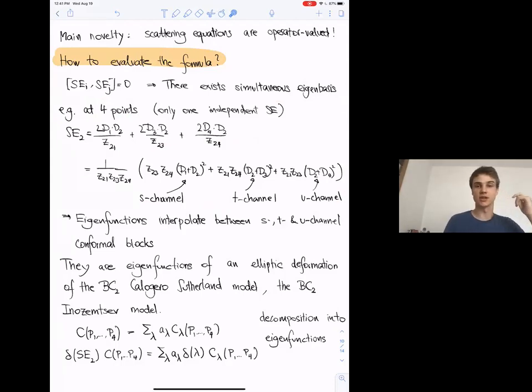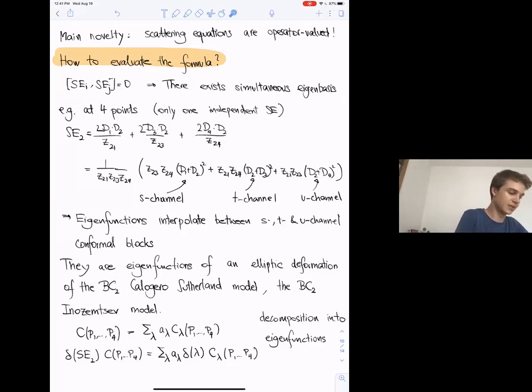And this formula is actually kind of nice, because it tells you that the scattering equations basically interpolate between the Casimir of the S channel, T channel, and U channel. So in writing this, I wrote d1.d2 as d1 plus d2 squared, because I will frequently use that the Casimir of the contact diagram is 0.